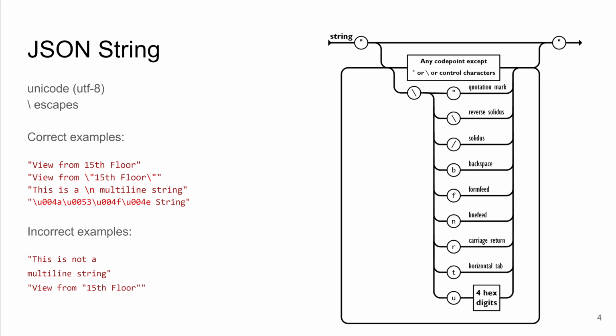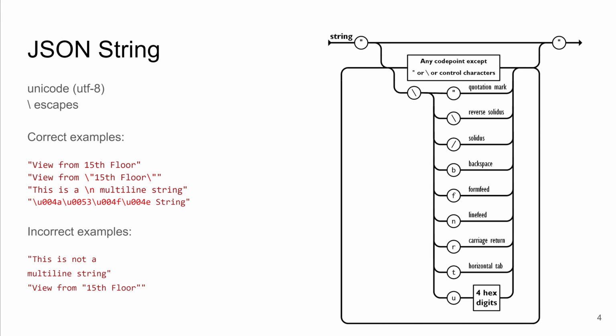However, we may go down from the opening double quote, and then we either have a regular character or a backslash, and then we see a list of characters that need to be escaped by a backslash.